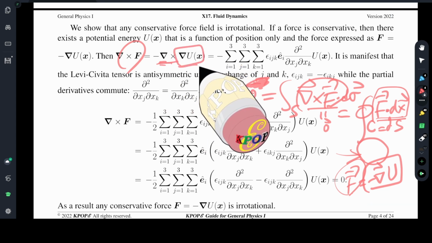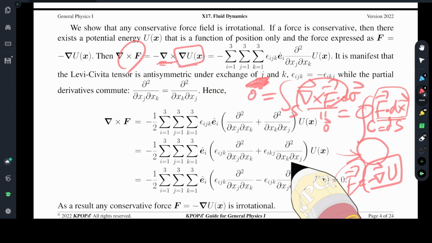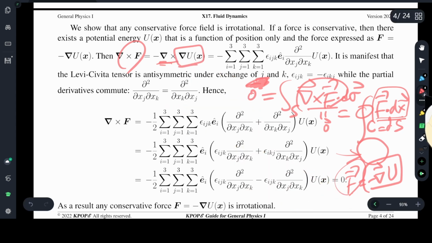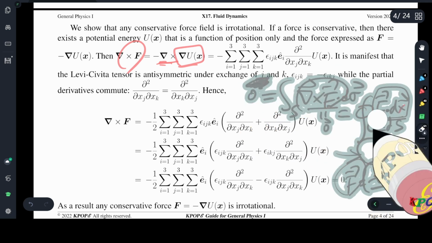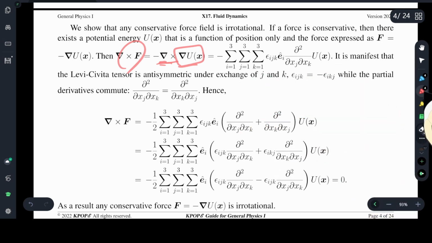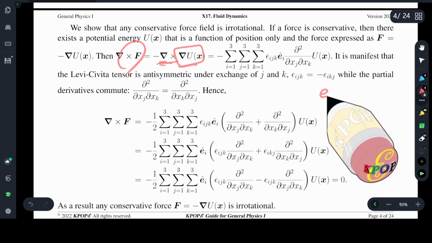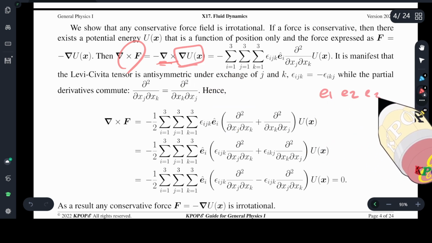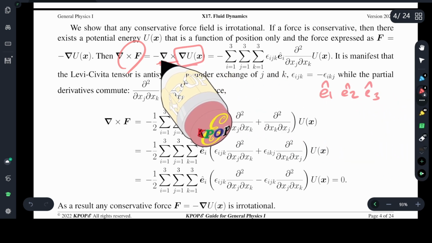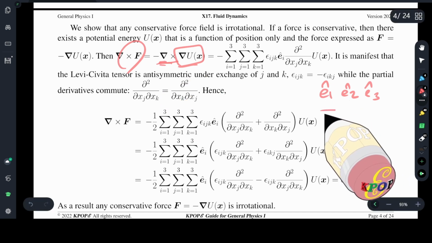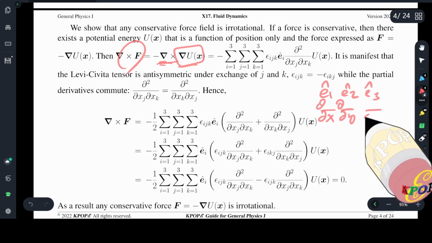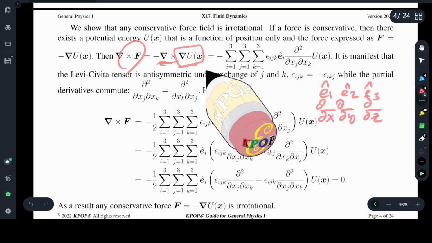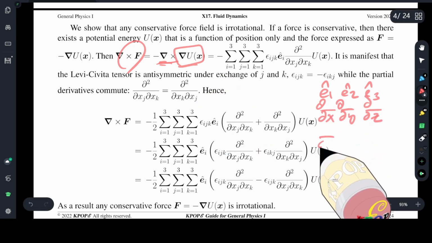As I already stated, the cross product can always be expressed in terms of a determinant. That is u1, u2, u3, the gradient operator, the differential operator, and the third row is gradient u.